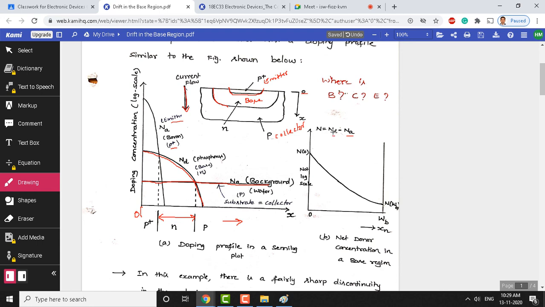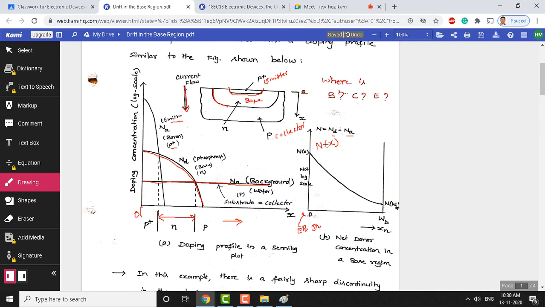So, n is given by Nd minus Na, and generally this y axis we can write as n of x. N of x means the doping concentration as a function of distance here. At the origin, at the emitter, this is an emitter base junction.